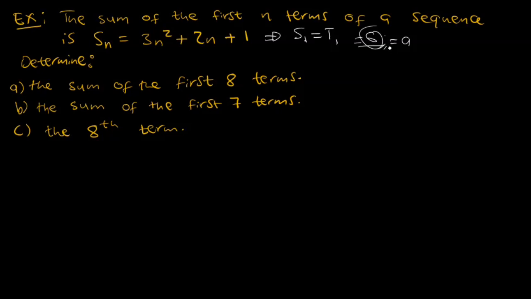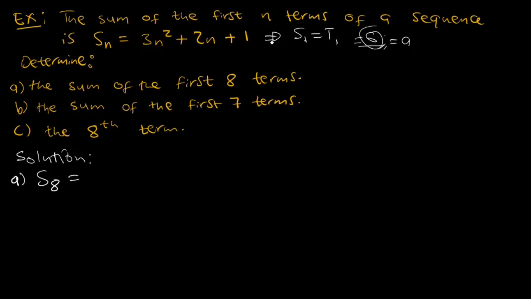Now we need to check what the question says here. I was just trying to show you what this equation really means. So the question says determine the sum of the first 8 terms.